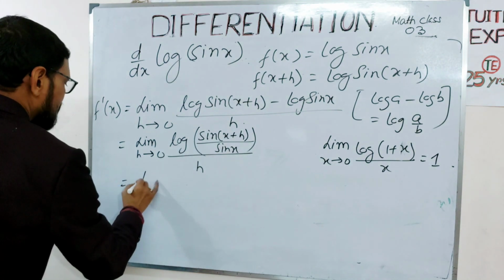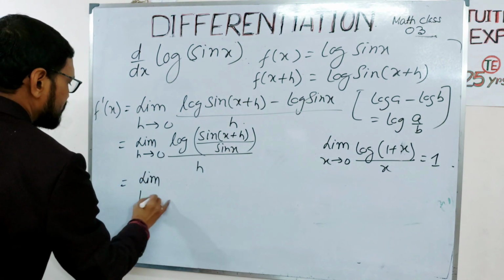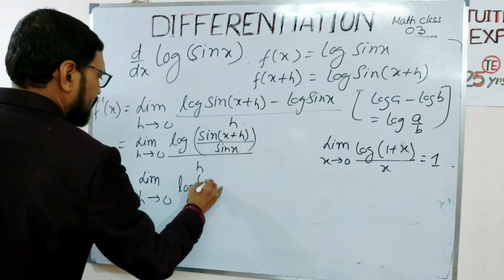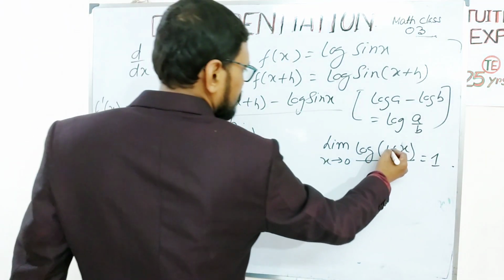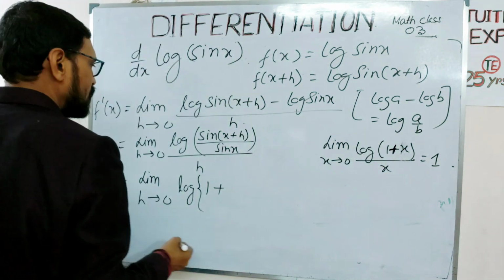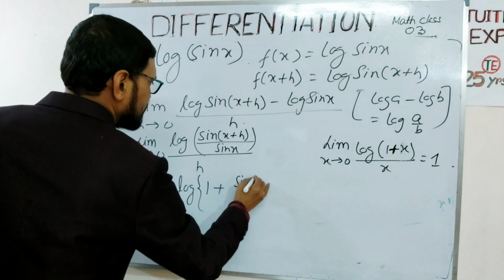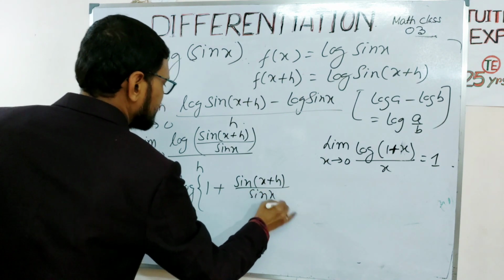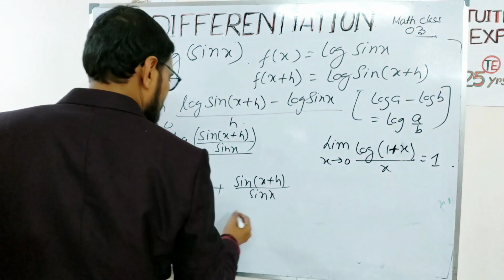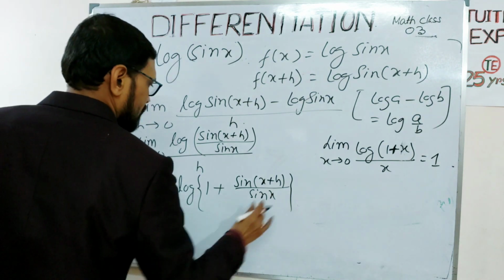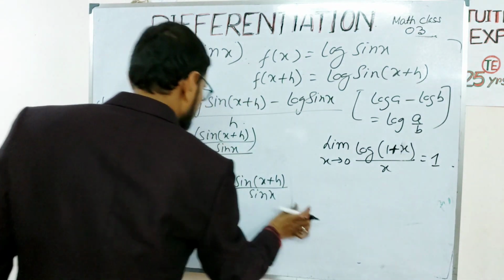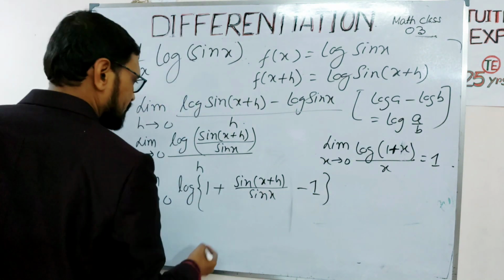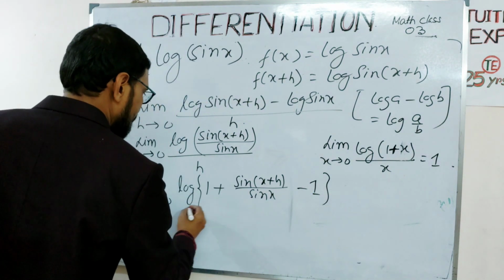So this becomes limit h tends to 0 of log of 1 plus, so we have to bring this 1 value, 1 plus this minus 1, because we add plus 1, so this by h.